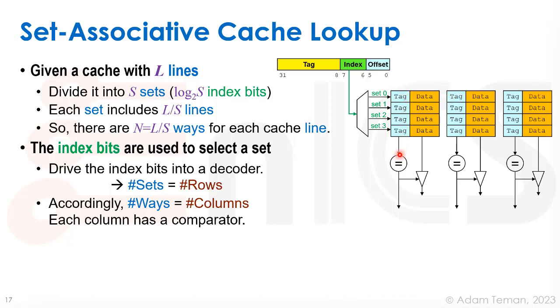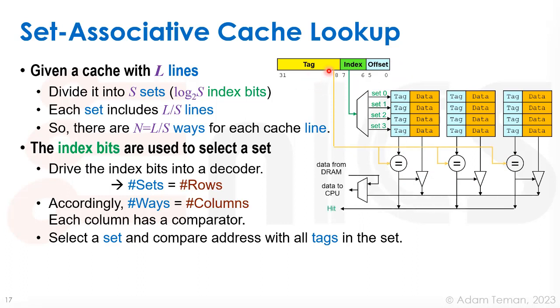Therefore, we have to take the tag from each of these three places and compare it with our tag. We drive the tag into each of these 3 comparators, and assuming only one of them will hit, we construct a global hit signal, and we also take the data that comes out of that same line, pulled out in parallel, and drive it to the CPU.